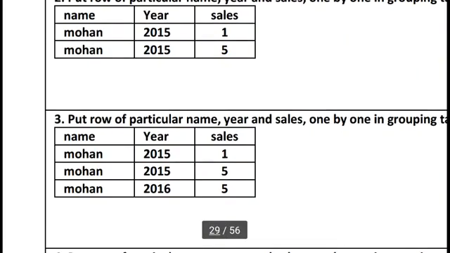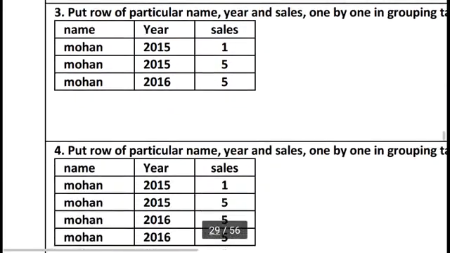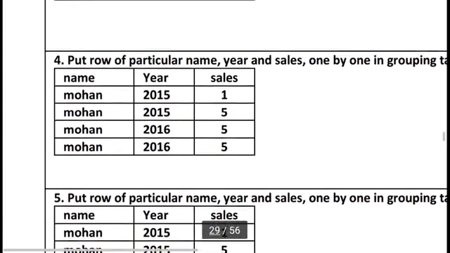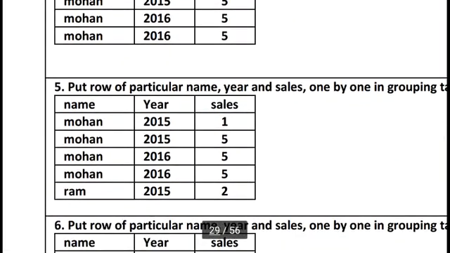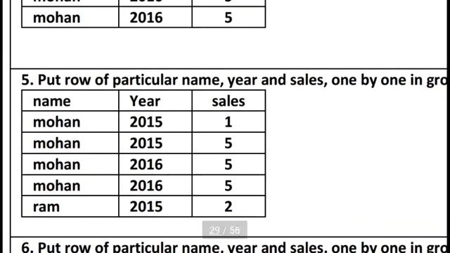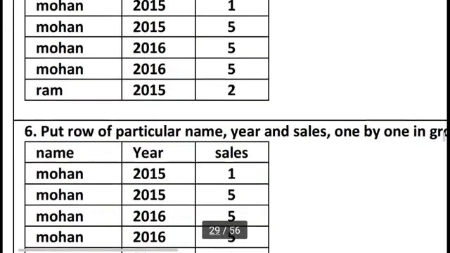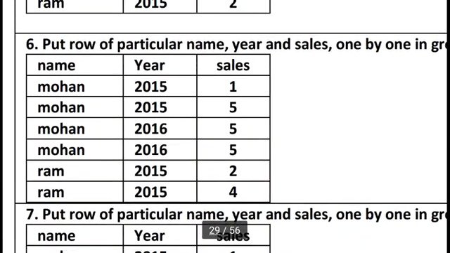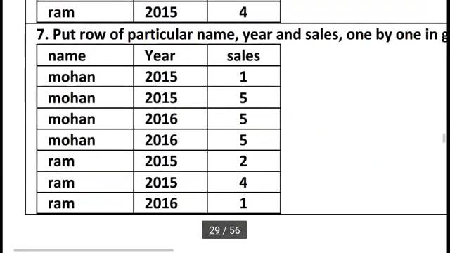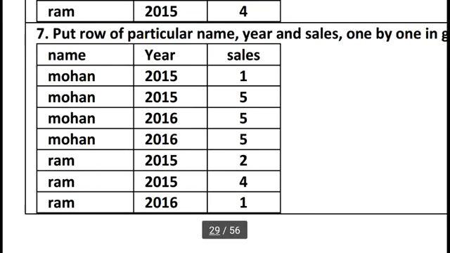Then Mohan 2016 5, then Mohan 2016 5, then another salesman's data is Ram 2015 2, Ram 2015 4, Ram 2016 1.